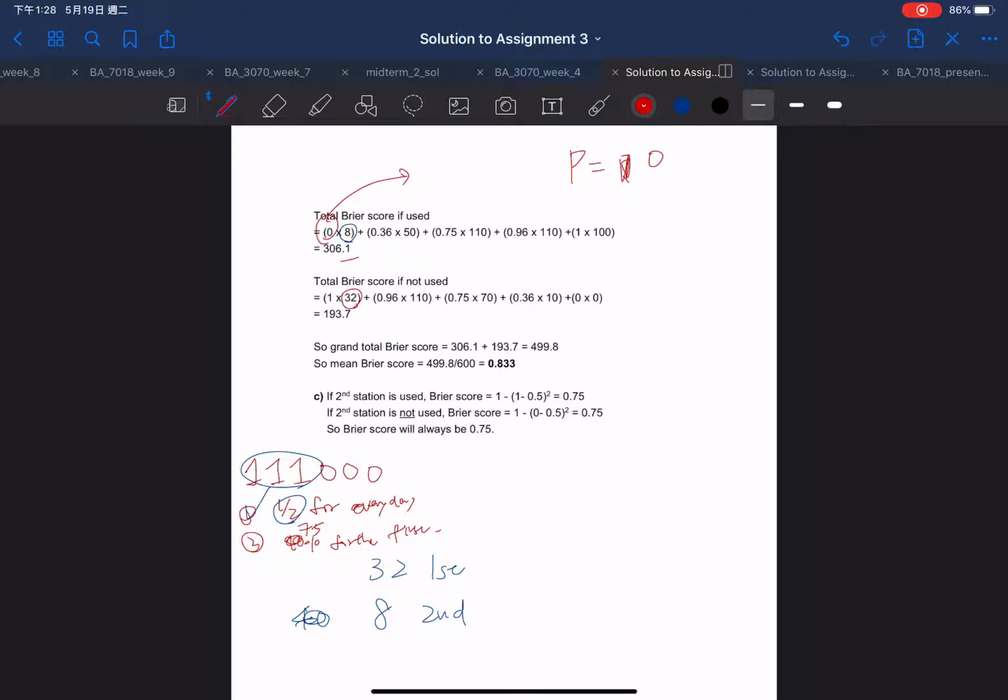And in those 8 days, X are 0, right? Yes, X are 0.